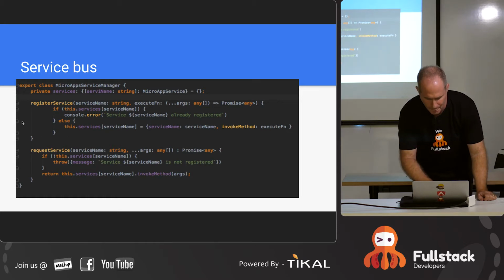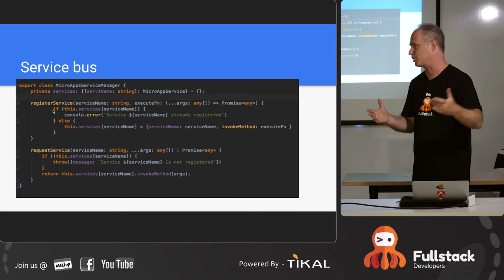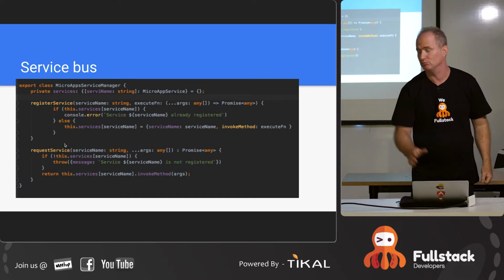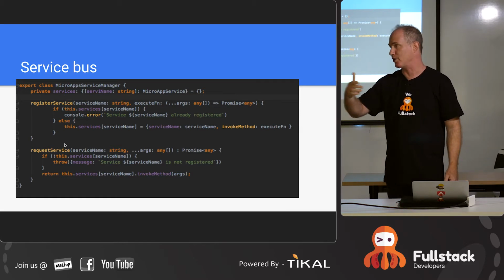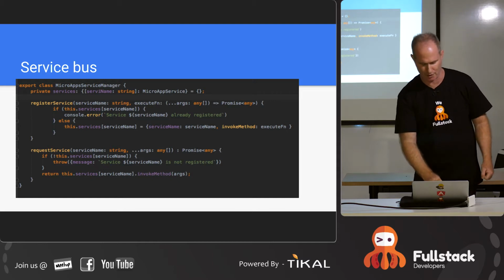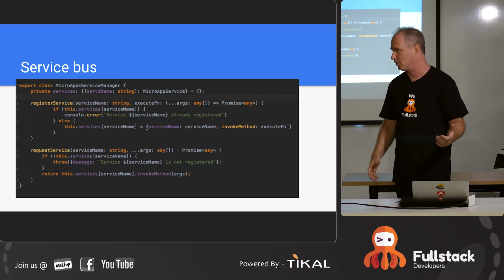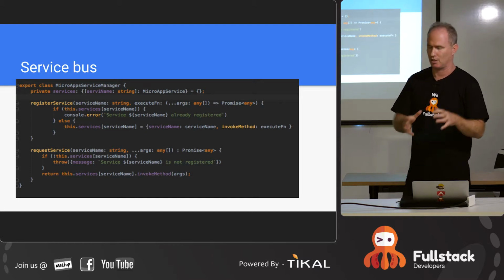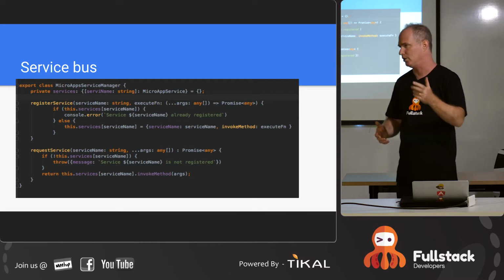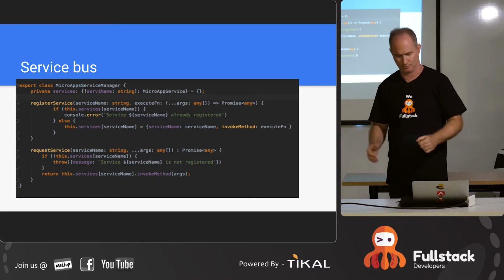So, let's say that we have code that deals with show schedule. The code goes to the API, has the schedule returned to it, and does something with it. The very code that returns a promise can be registered in this so-called service bus as a service.